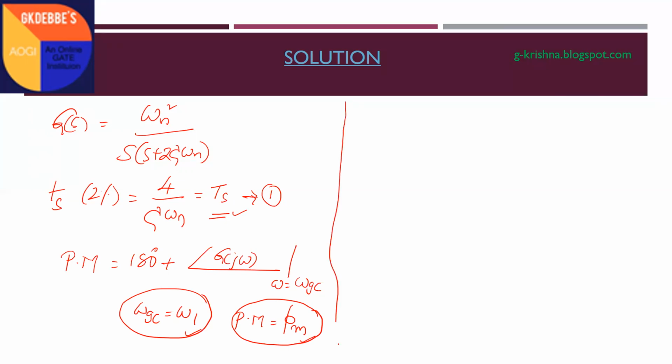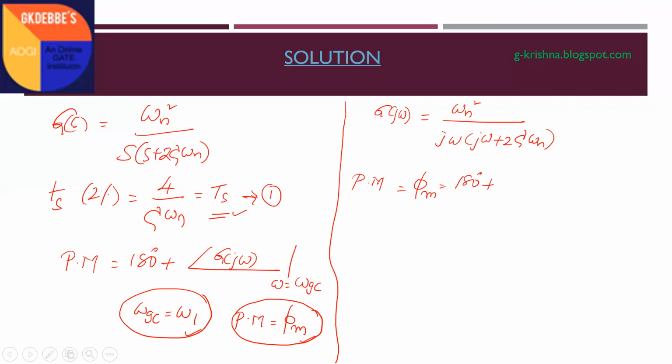To find the phase margin, first you have to find the sinusoidal transfer function by substituting s equal to j omega. G of j omega is omega n square by j omega into (j omega plus 2 zeta omega n). Hence phase margin phi m is equal to 180 degrees plus the phase angle of the open loop transfer function.